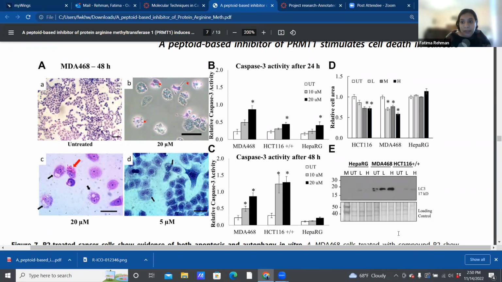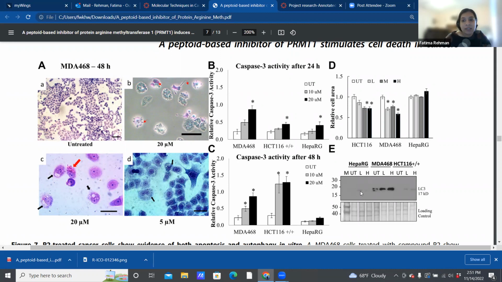To prove that, we looked at a protein marker, LC3, which is a classic marker for autophagy. If you see it higher in levels, that indicates that there is autophagy happening. It is not the most dramatic increase, except in MDA, where you see a lot of it. So the main focus in MDA might actually be autophagy.